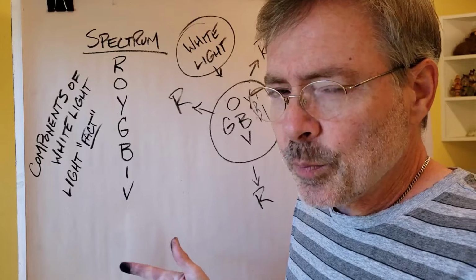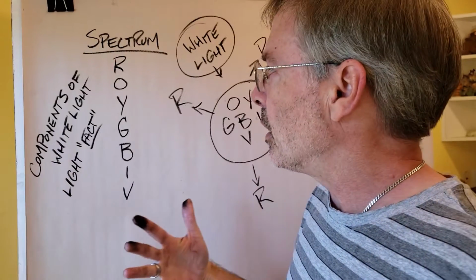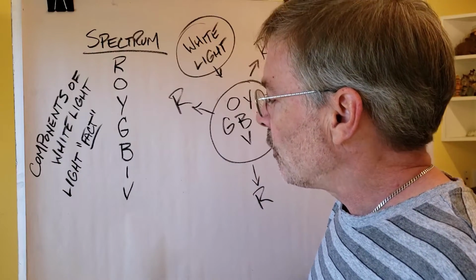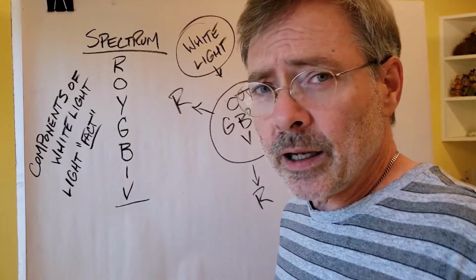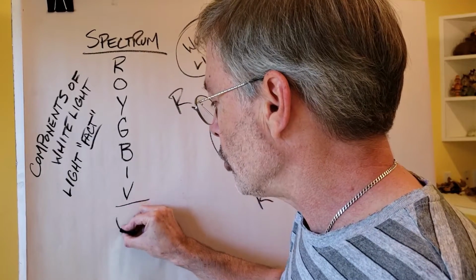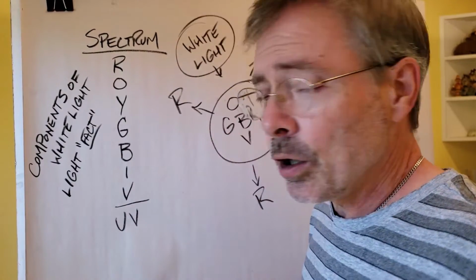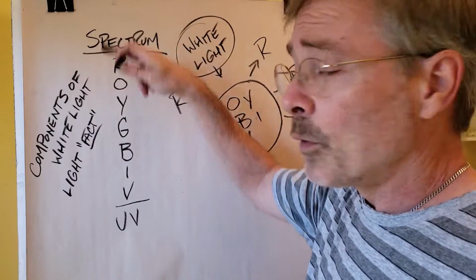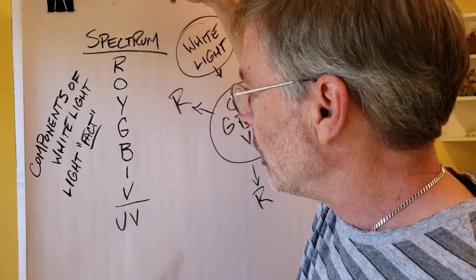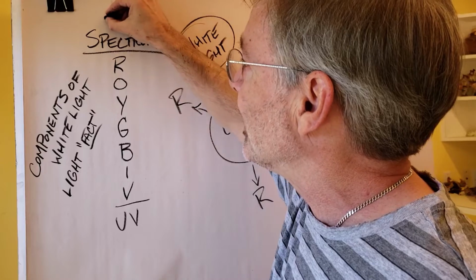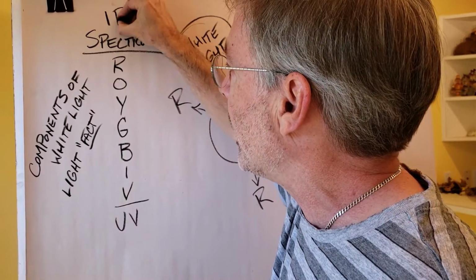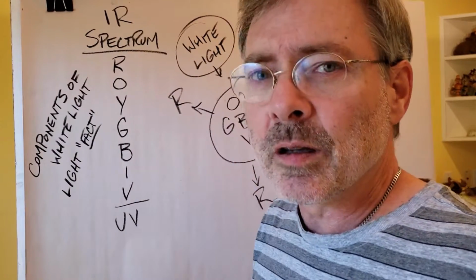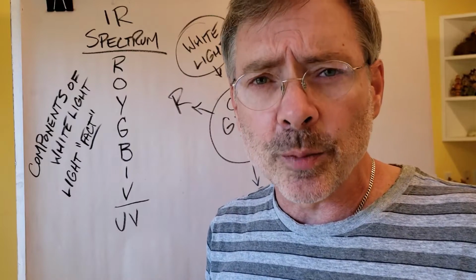The spectrum continues beyond what is visible to us. So for example, under violet would be ultraviolet. You've all heard that term before. Over red, if we continue the spectrum in the other direction, is what we call infrared. These are continuations of the spectrum, but not the visible spectrum.